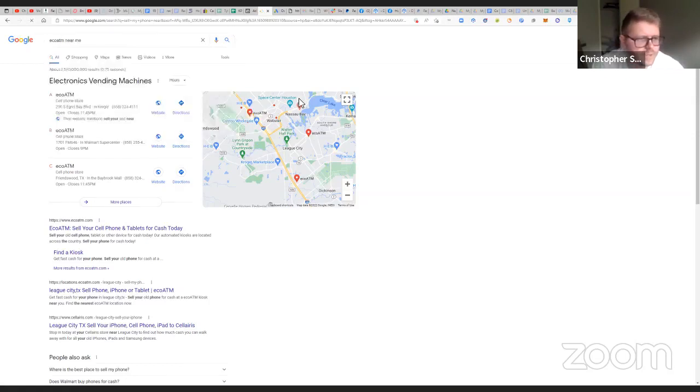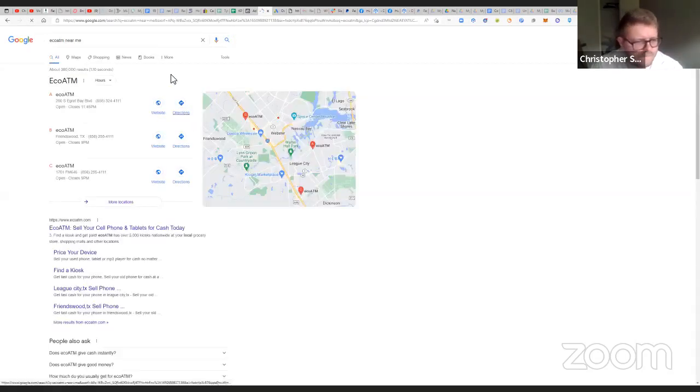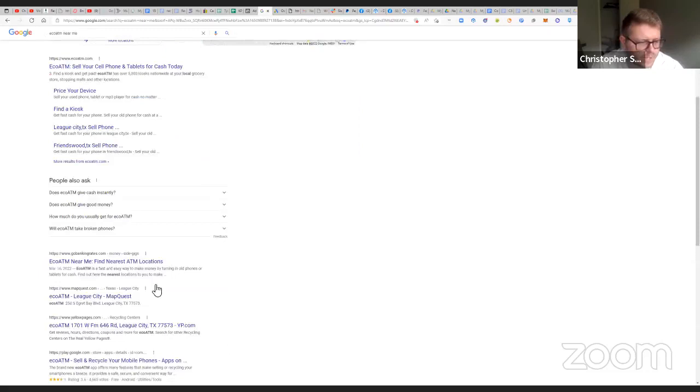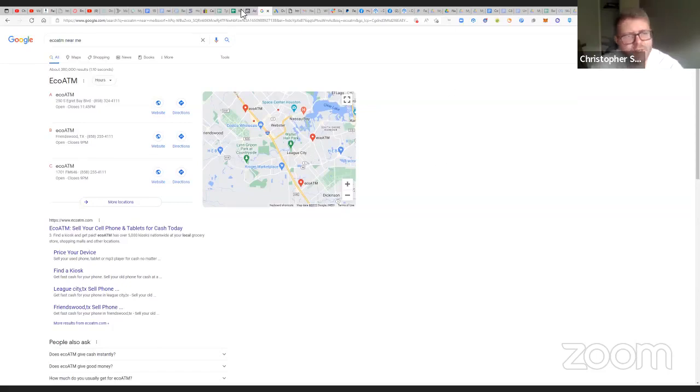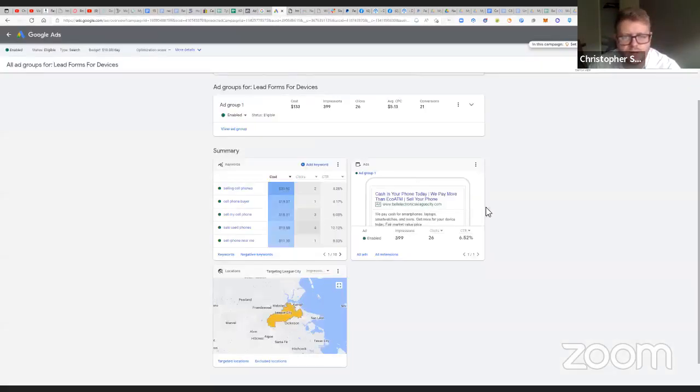Eco ATM near me. All right, well, on mobile, I show up here. I guess the ads aren't showing up here on the thing here. But when you look me up on Google, in this very specific area, you find me right above the Eco ATM.